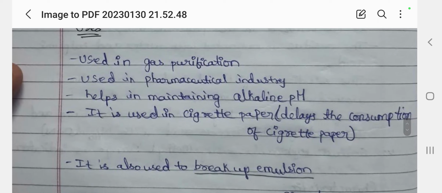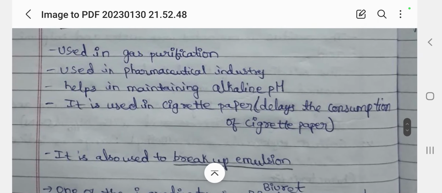It is used in cigarette paper, where it delays the consumption of the paper. Especially, sodium potassium tartrate is used for making cigarette paper. In what way does it work? If we fire the cigarette paper, the paper burns slowly. That means it delays the consumption of cigarette paper.